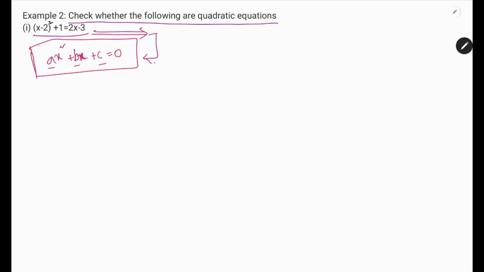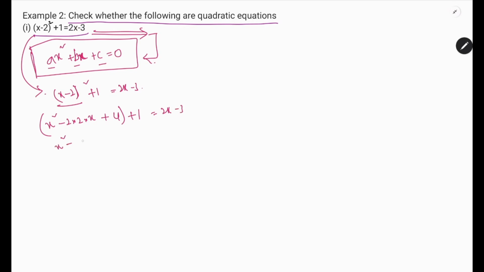Okay. Now we will look at this. We will solve this one. X minus 2 whole square plus 1 equal to 2x minus 3. When you split this, a minus b whole square is a square plus b square minus 2ab. Here it is x square minus 2 into x into 2 plus 2 square, it is 4, plus 1 equal to 2x minus 3.